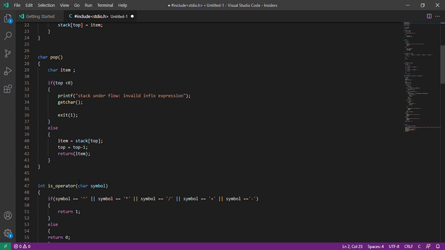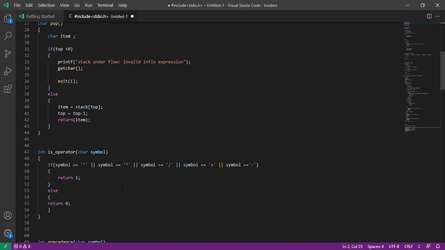Define a function that is used to determine whether any symbol is an operator or not, that is, whether the symbol is an operand. This function returns 1 if the symbol is an operator, else returns 0.